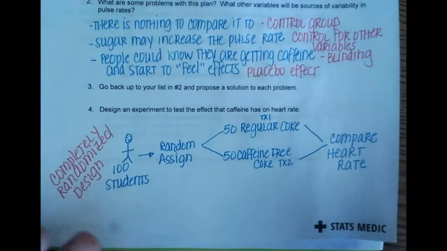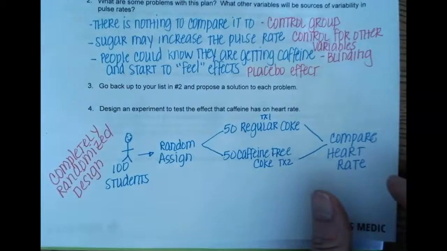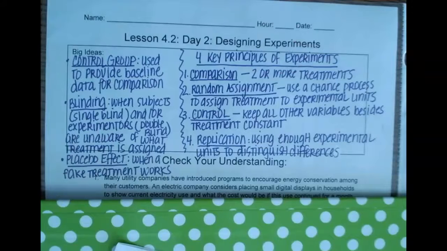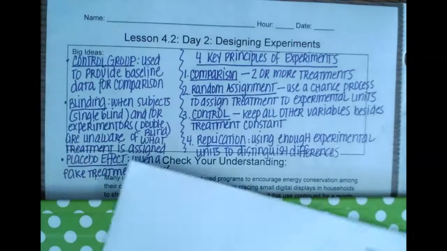All right. So let's do some summary. We got a lot of stuff that went on, and it doesn't look like a lot, but there's a lot of ideas here. So let's unpack that. I have 2 major sections, and you can see this right one's a little bit bigger, so allow for some space there. So our first big idea that we want to be sure we take out of this is we've got our control group. Remember, your control group is used to provide baseline data for comparison.